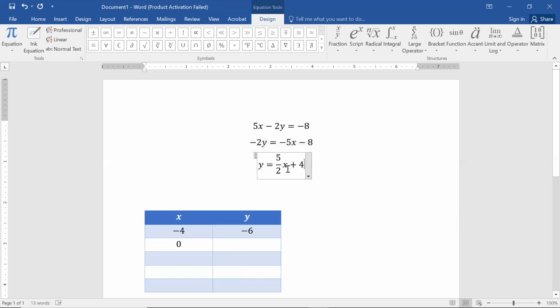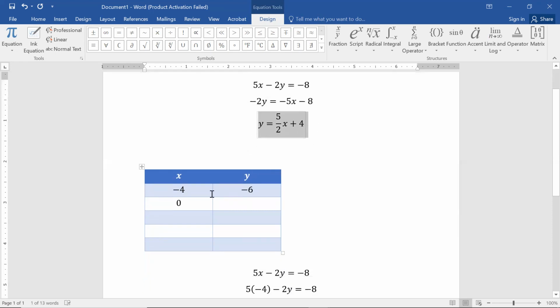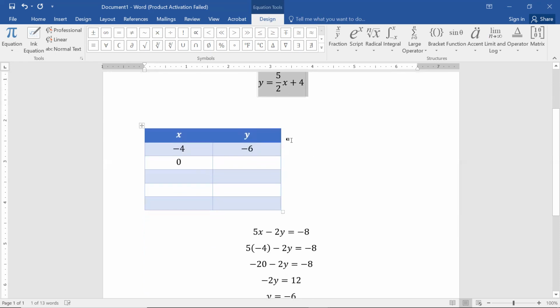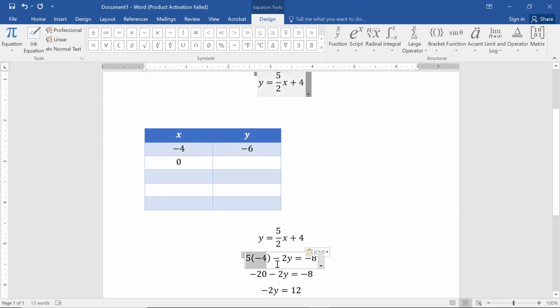So if I wanted to, I could rewrite this line, solve it for y, and then start plugging in the x values. If I do that, it might take me a little less time to figure out what my corresponding y would be.